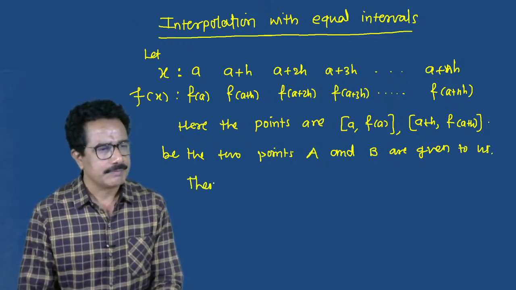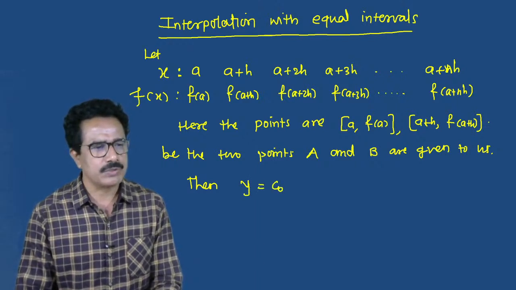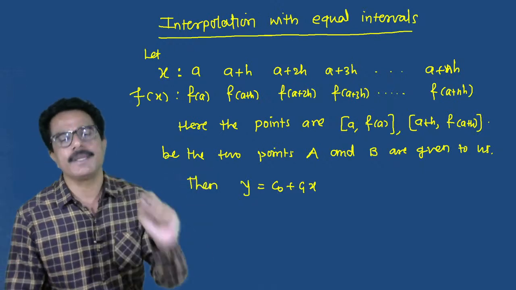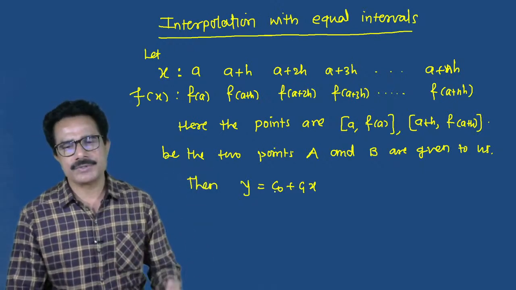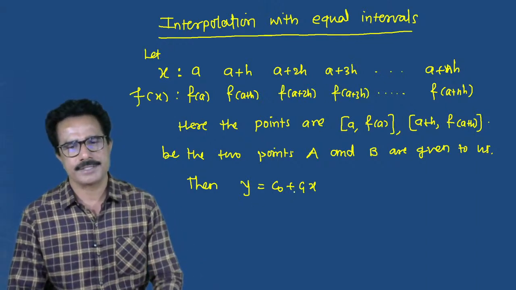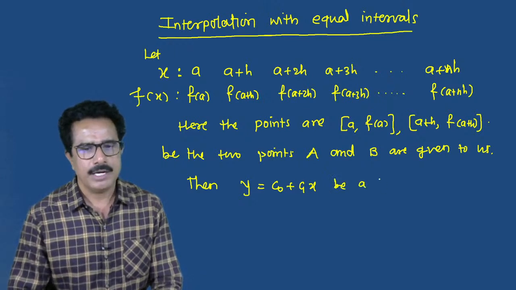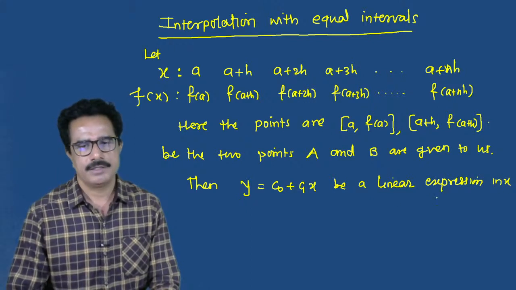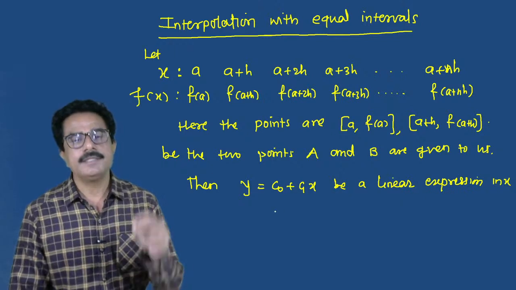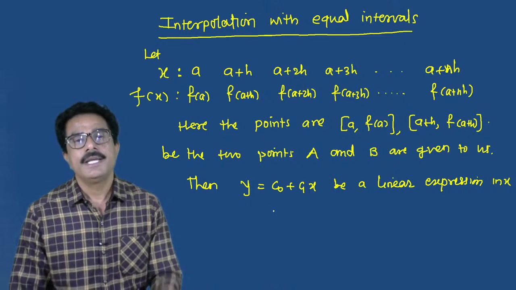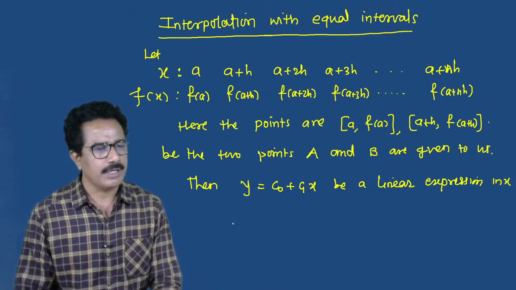Then y is equal to C0 plus C1x. By using these two points, if we consider the linear equation y is equal to C0 plus C1x, a linear expression in x, then the function y is equal to f of x in terms of a difference.